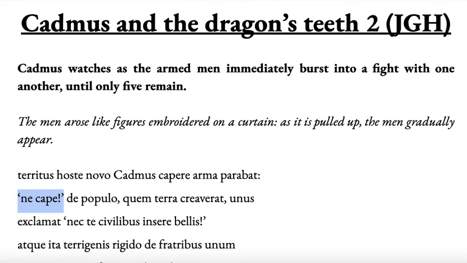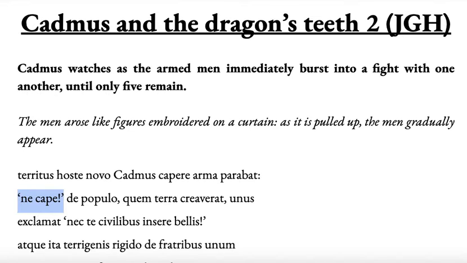Now, in prose, if you want to give a negative command, don't do something, you use noli or nolite plus infinitive. So in prose, this would be noli capere. And in fact, we probably would want an object as well, like noli ea capere, don't take them. But again, this is verse, so the ea has disappeared.